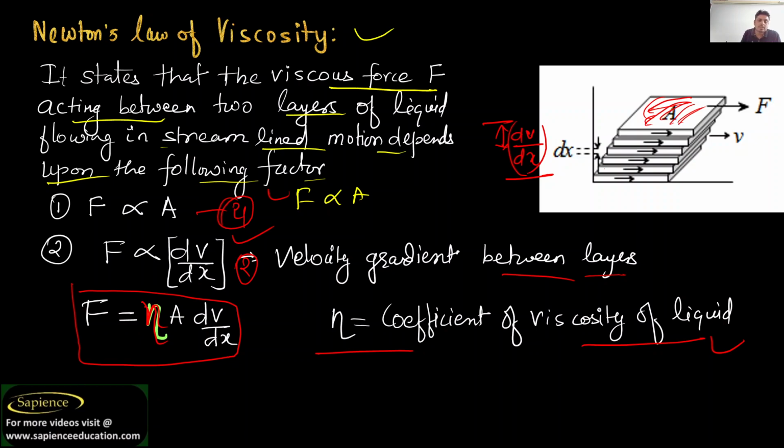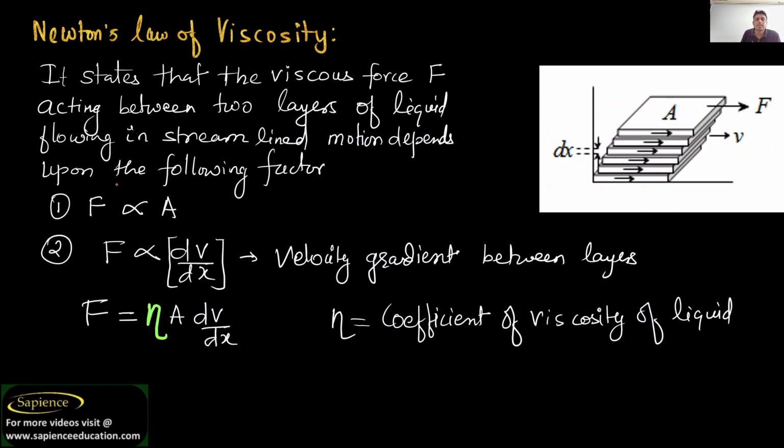Now this is all about Newton's law of viscosity. As per Newton's law, if the area is more, force will be more. If the velocity gradient is more, force will be more.